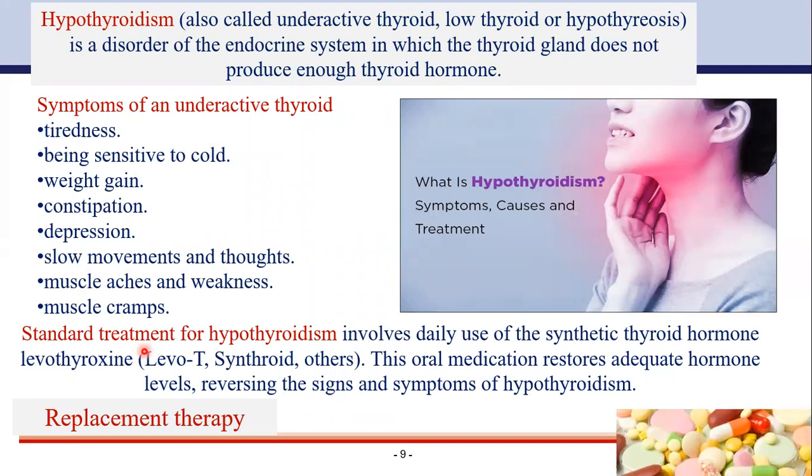And hypothyroidism, also called underactive thyroid or low thyroid, is a disorder of the endocrine system in which the thyroid gland does not produce enough thyroid hormone.